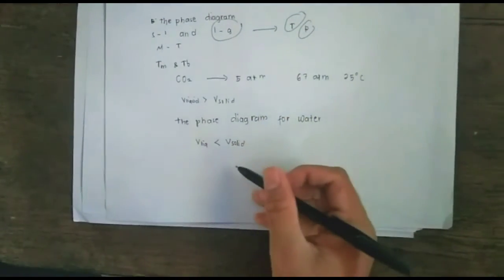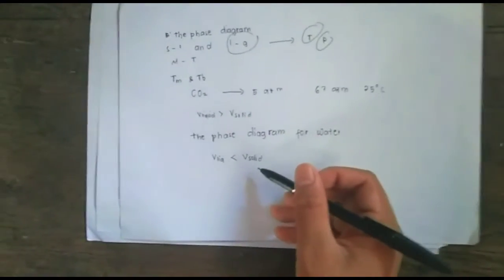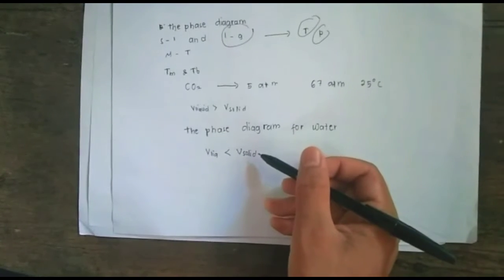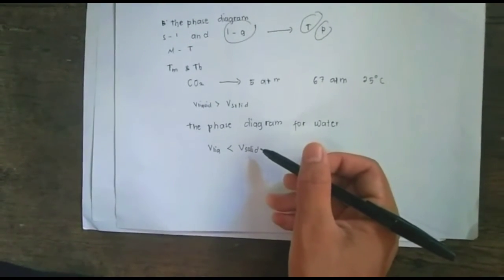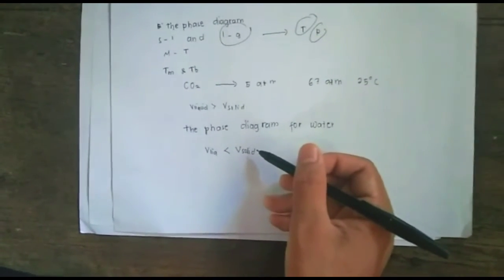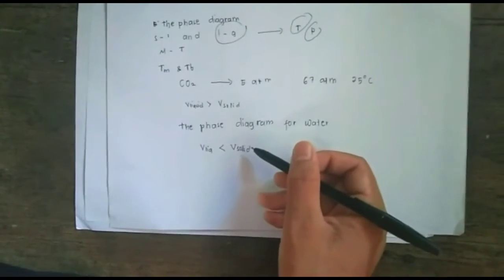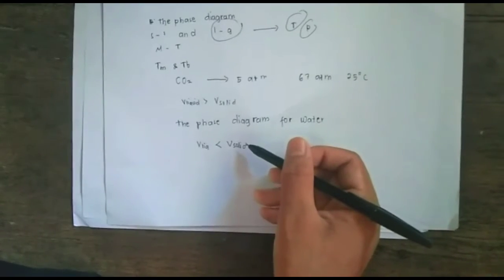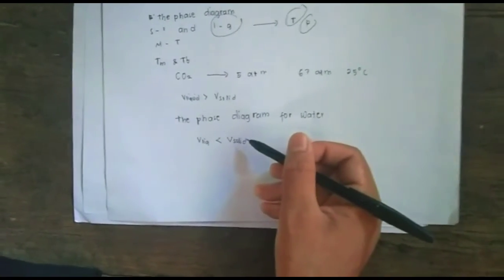So the triple point is at 0.01 Celsius and 611 Pa. The normal freezing point of water is 0, and an increase in the pressure decreases the melting point.